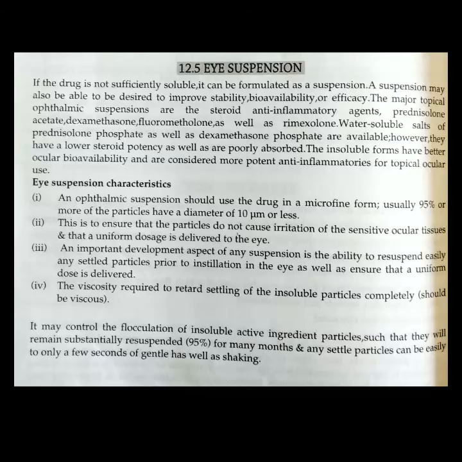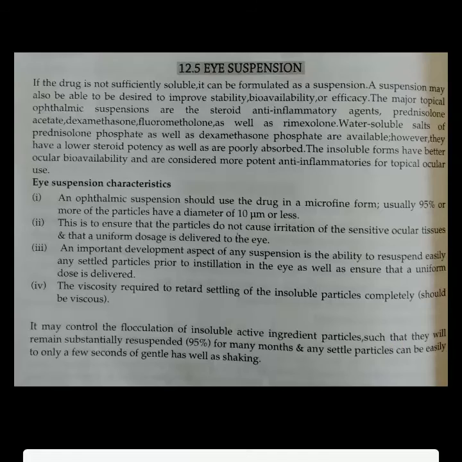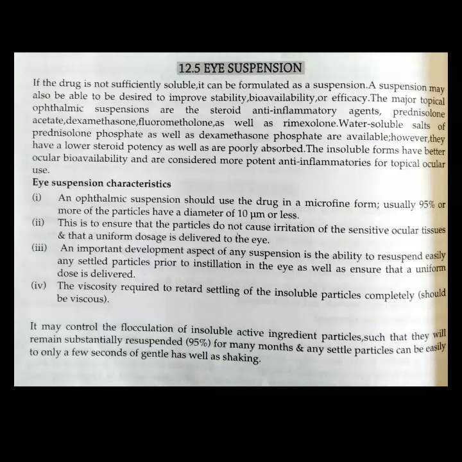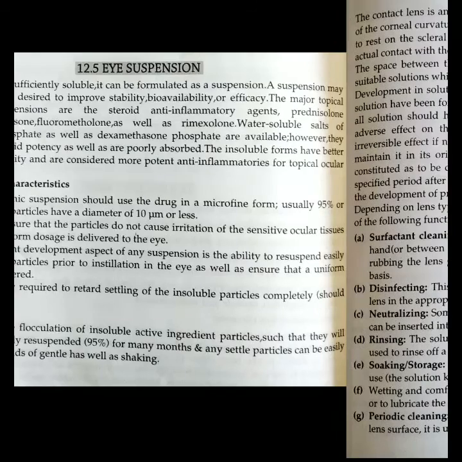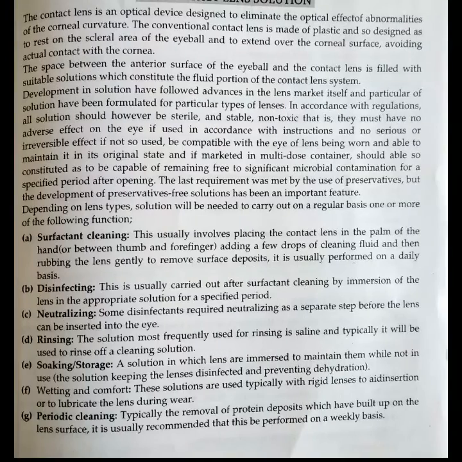It may control the flocculation of insoluble active ingredient particles such that they will remain resuspended for many months, and any settled particles can be easily resuspended with only a few seconds of gentle shaking. Then the last point of this chapter is contact lens solution.